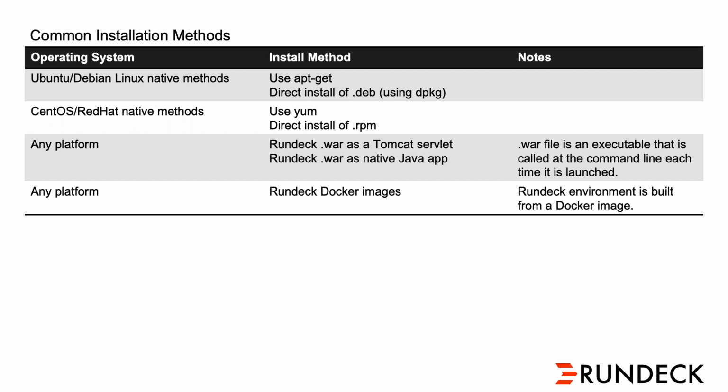That means that the files that are associated with the installation aren't necessarily in the standard locations for the OS. Instead, they're stored underneath a base directory for that install, what we call RDECK_BASE, which we'll see referenced here in a minute. So this is one point of confusion for people when they're first setting things up.